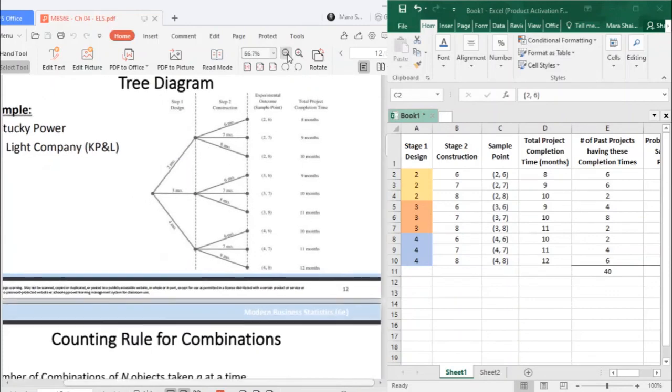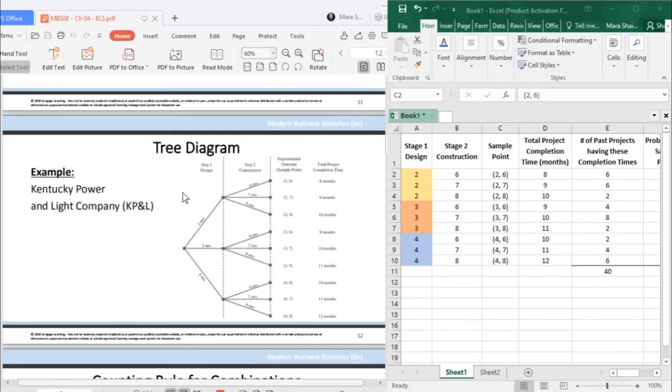So meaning again, this process has 9 sample points. Here we are only counting; we have not yet assigned probabilities. We are still counting.